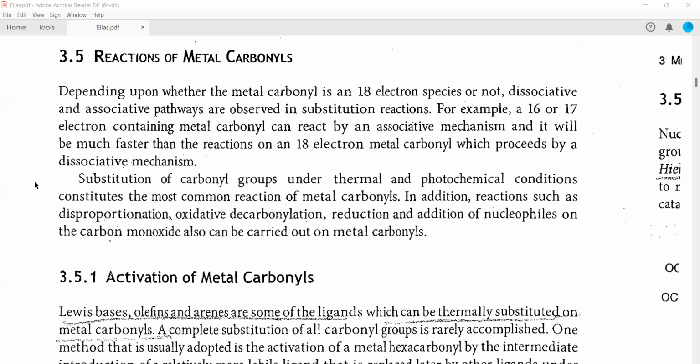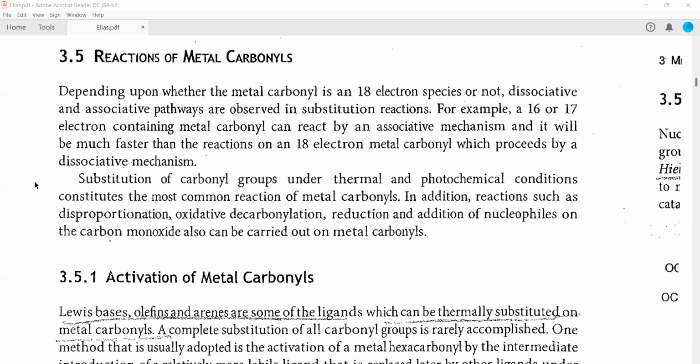It is written also over here. The associative pathway will be much faster than reactions on an 18 electron metal carbonyl, which proceeds via the dissociative mechanism, which we already discussed.